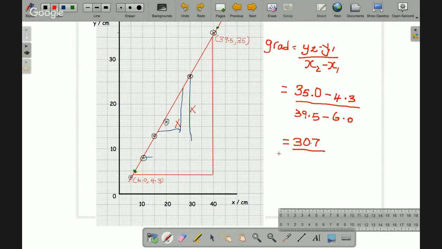That's 33.5. So let's divide 30.7 by 33.5. So I got 0.9164.